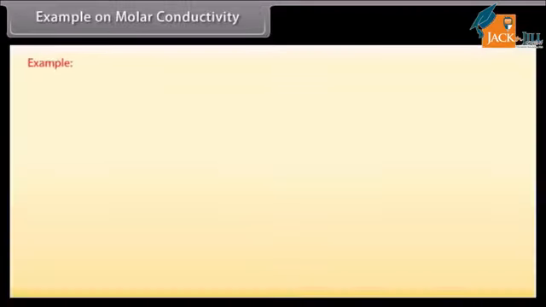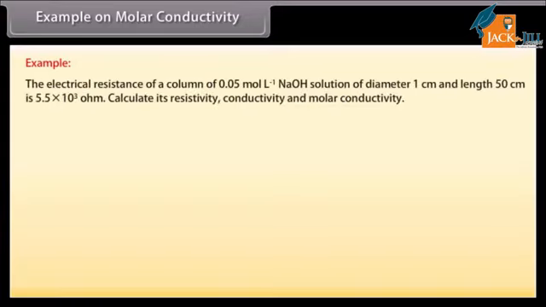Example on molar conductivity. Let's take an example. The electrical resistance of a column of 0.05 mole per liter NaOH solution of diameter 1 centimeter and length 50 centimeter is 5.5 × 10^3 ohm.